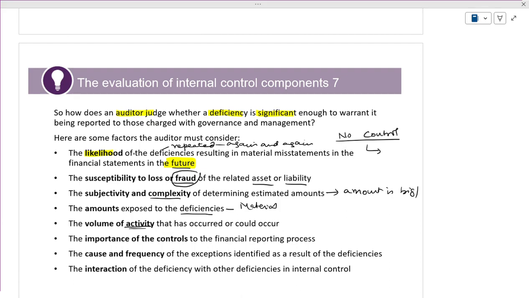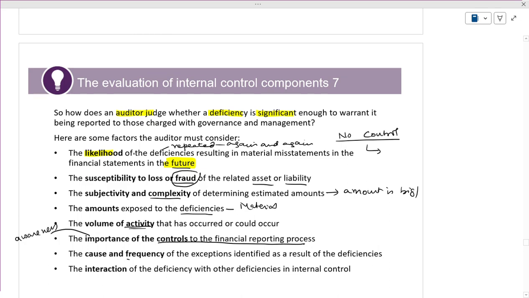The importance of controls in the financial reporting process. If you have not created awareness of controls among the staff, if there is no awareness of the controls among the staff, it is a significant deficiency.